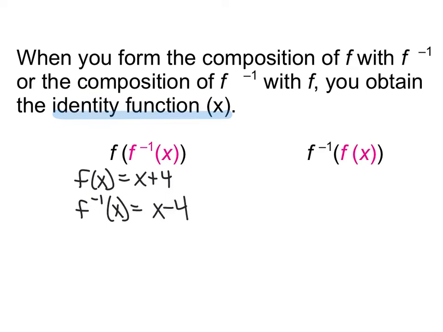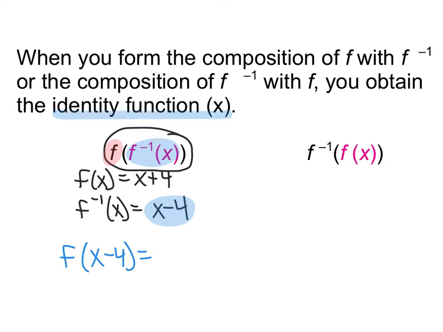So if we do this composition of those two functions, we take the f function on the outside and we insert the inverse. So here's what that would look like: f of x minus 4 equals, and remember, we're referencing this f function up here. So these are the same function. And so we would take the x, which is what's inside.